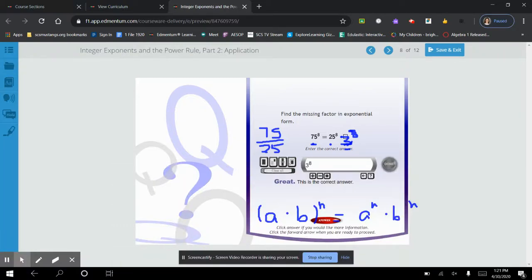So once again, what I did was I have 75 to the 8th is equal to 25 to the 8th times what? The exponents have to be the same, so that's why I've got to the 8th there, and then I just need to figure out 25 times what number is going to give us 75. So I took the number that we're trying to make, the 75, divided by the number that they gave us, 25, and 75 divided by 25 gave us 3, so that makes it be 3 to the 8th power.